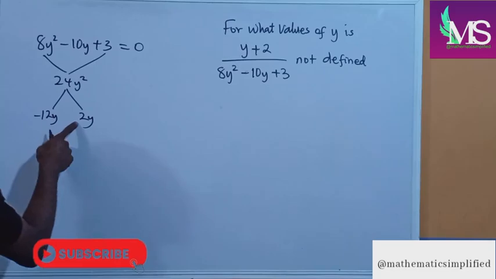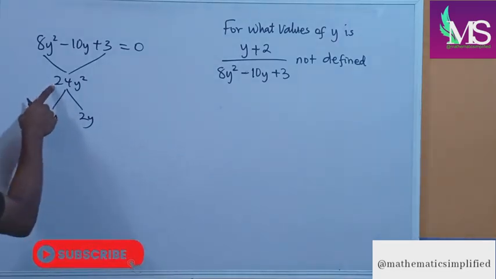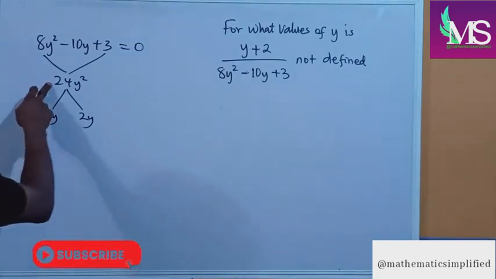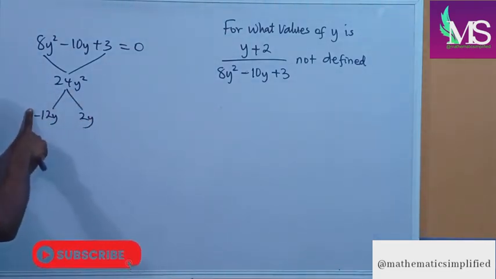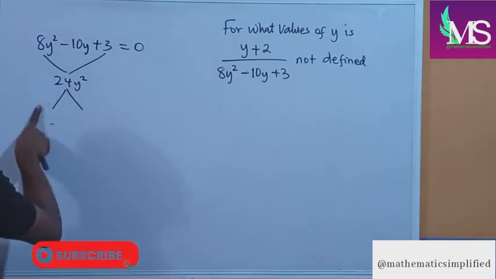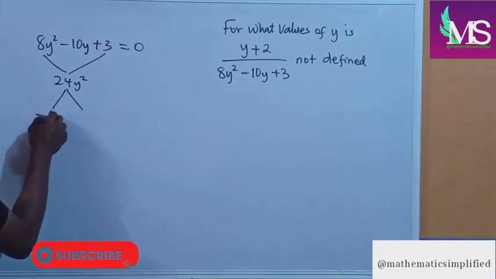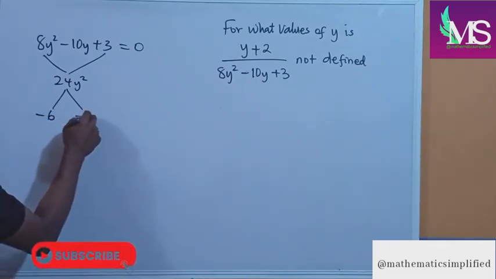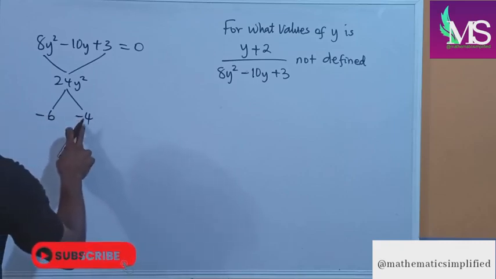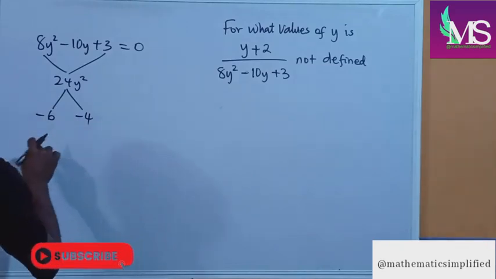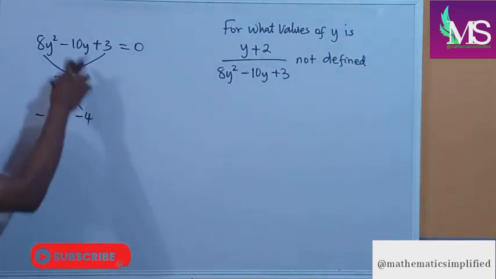So minus 12 times 2 will give us minus 24. So 12 and 2 would not work. Let's look for another factor of 24. We have minus 6 and minus 4. Minus 6 times minus 4 will give us positive 24, and minus 6 plus minus 4 will give us minus 10.